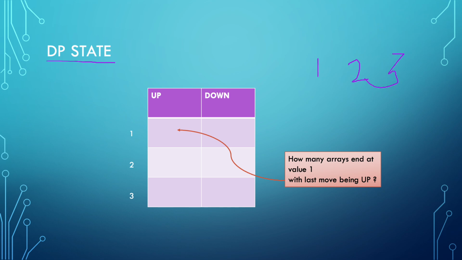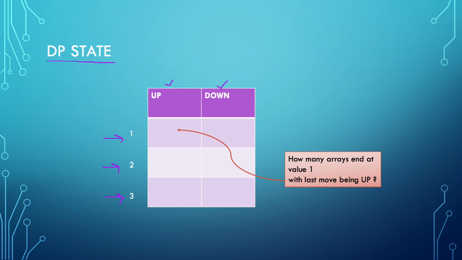Now my question says I want to find how many arrays end at value 1. So that will be given by this. Now this says how many valid arrays end at 2, and this says how many valid arrays end at 3. Now we have this up and down here. So this is a 2D array.